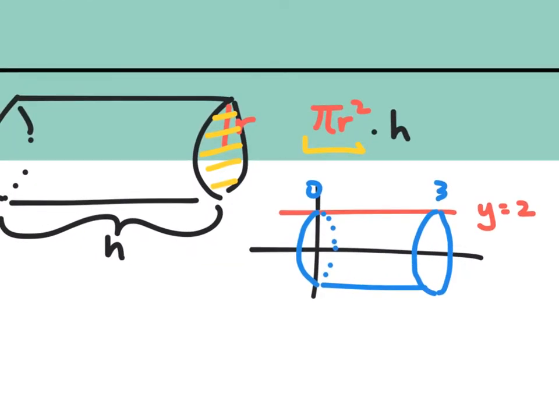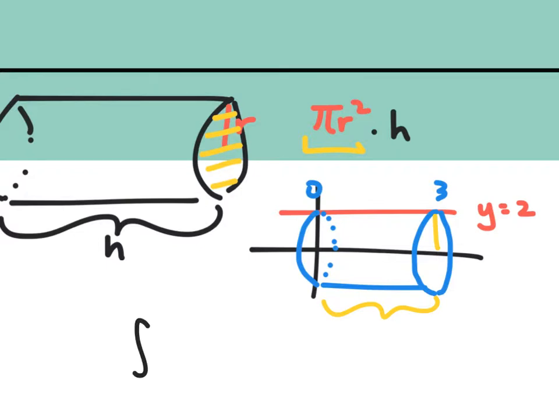Well, we could just use the fact that 2 is our radius, and then we could find our height, which in this case would be 3. We could calculate it using our geometry skills, or we could actually integrate this.